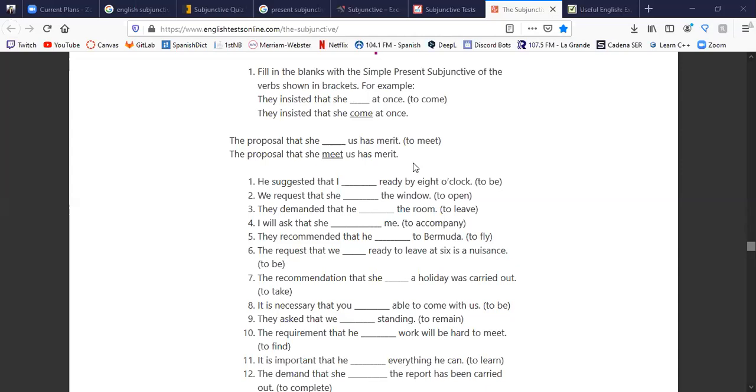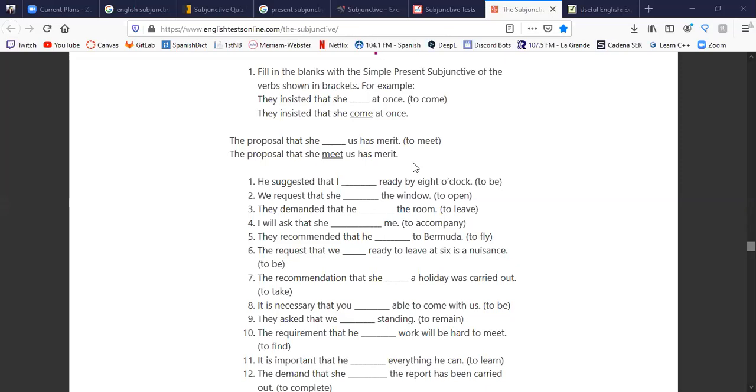It doesn't matter if your mic doesn't work. So we're on number 7. Take. Perfect. Got it.